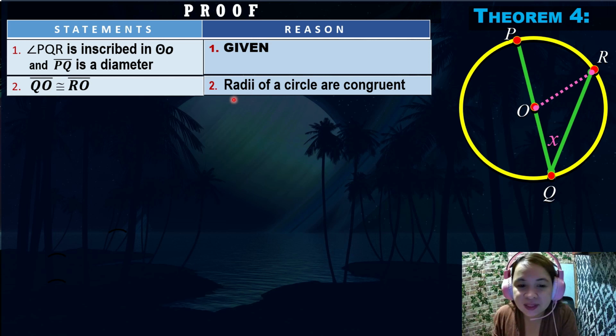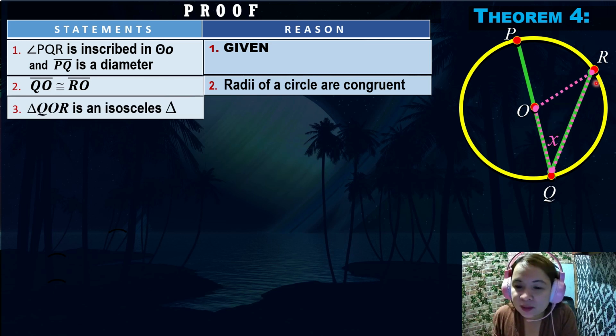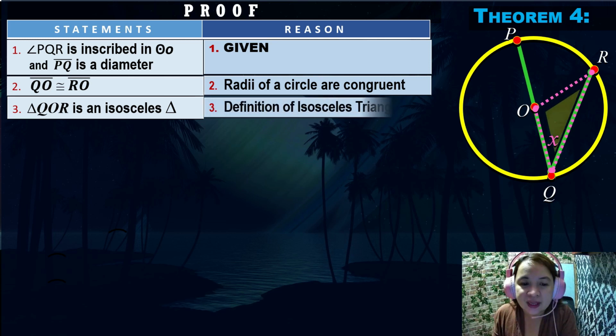The reason for that is radii of a circle are congruent. Now next, triangle QOR is an isosceles triangle. Isosceles triangle has two equal sides, and the reason for that is the definition of an isosceles triangle.